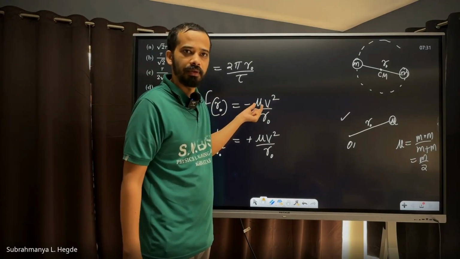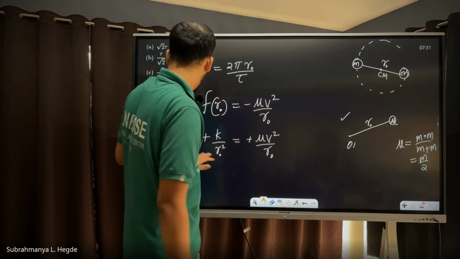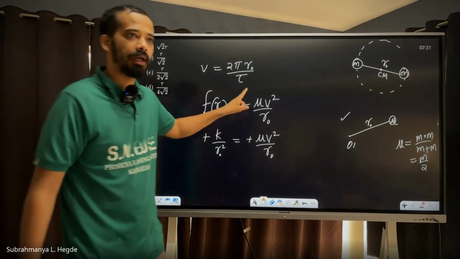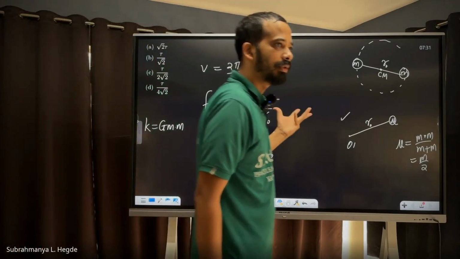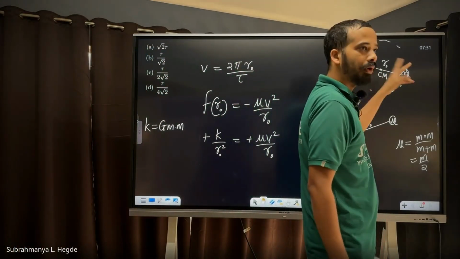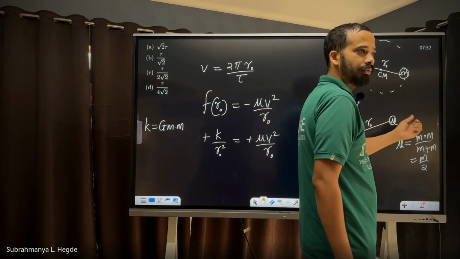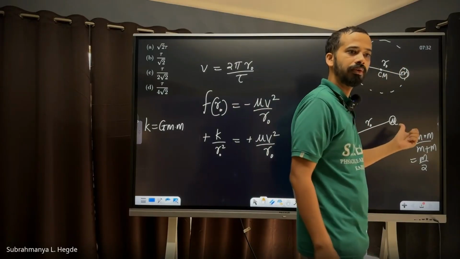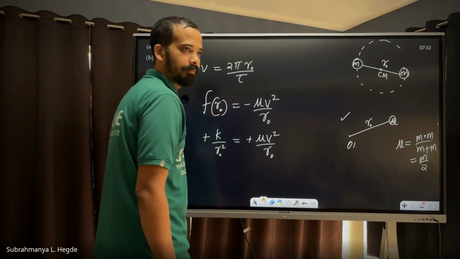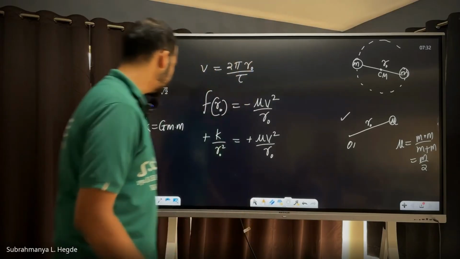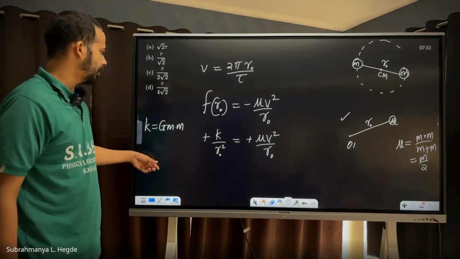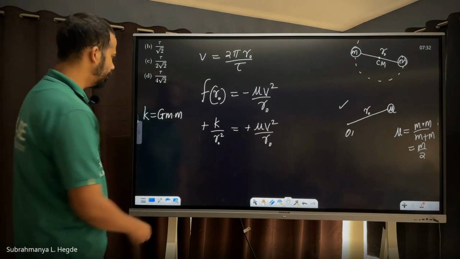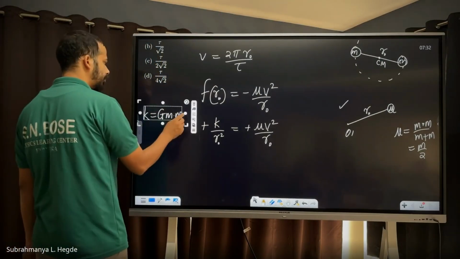Are you understanding my point? Not m or something. I'm taking mu here because otherwise it's a two body problem. It's very easy to apply the equations for the equivalent one body problem. Are you getting this logic? k is G m into m, but I don't need this one, I'll keep that as k.